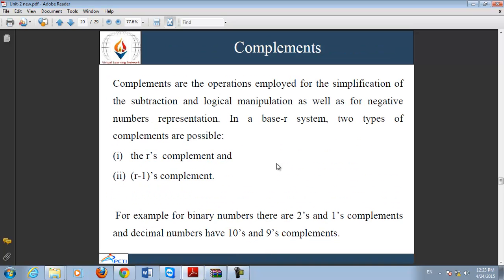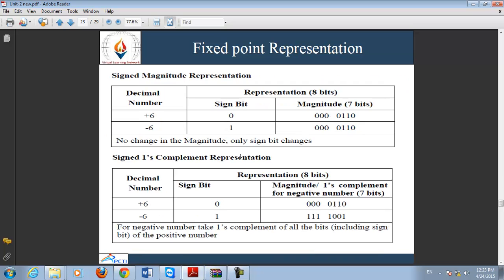For example, if we take 6 as a decimal number and convert it to binary, then the binary representation of 6 is 0110, and if you want to present it in 8 bits, then you have to add a total of 4 extra bits at the left side of this number.